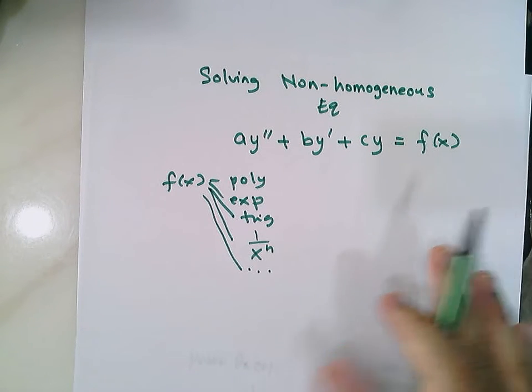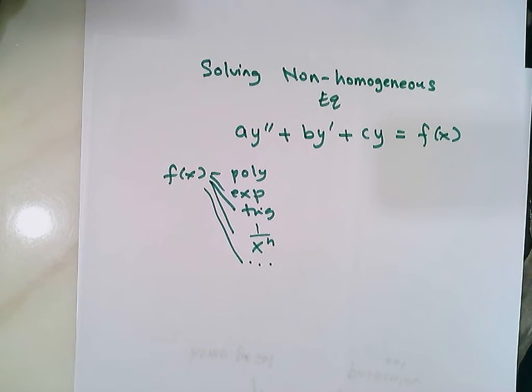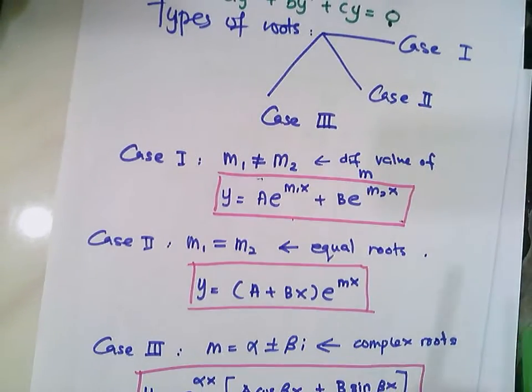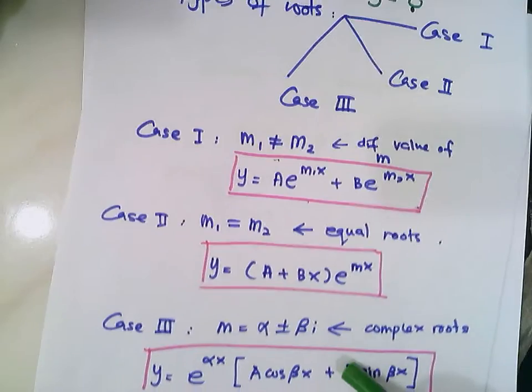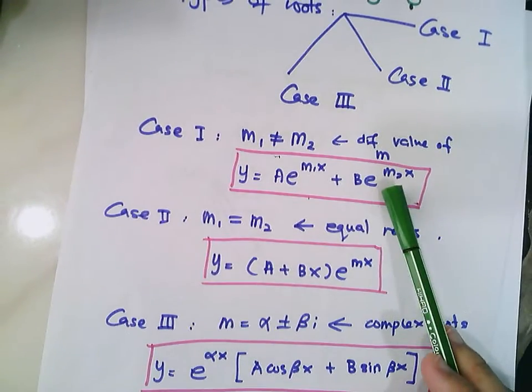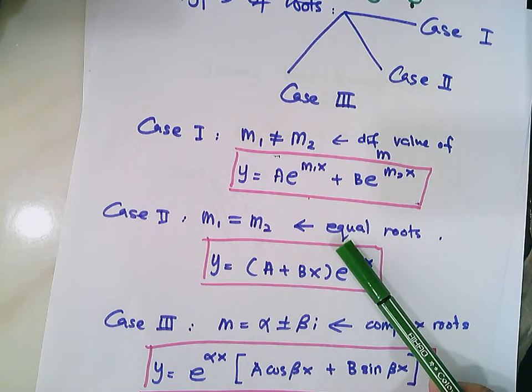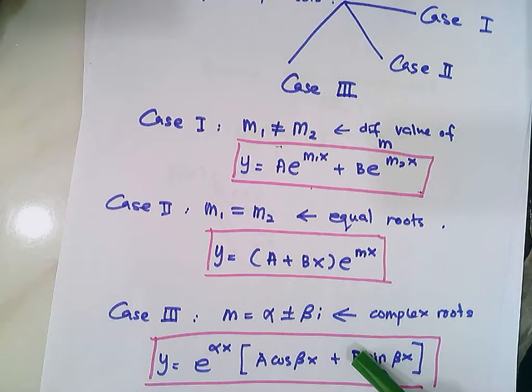Okay, so before this, the general solution of homogeneous equation is defined based on the value of m, isn't it? So this is when your m1 is not equals to m2. This one when your m1 is equals to m2, and this one when you have a complex root.